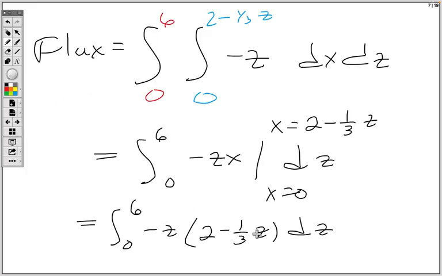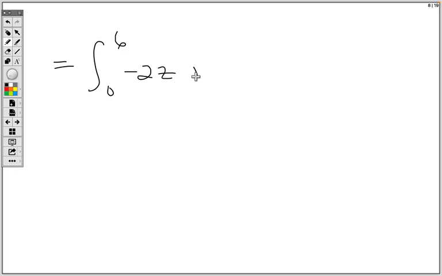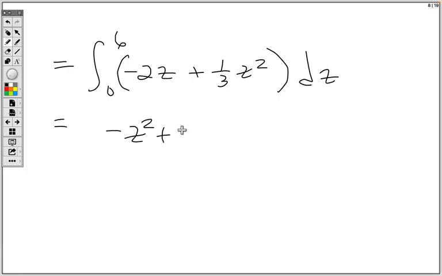Distribute that negative z through. I got a minus 2z plus a 1/3 z squared dz. And now we're back to the old days. What's the antiderivative of minus 2z plus 1/3 z squared? Minus z squared plus 1/9 z cubed. And this is going from z equals 0 to z equals 9.